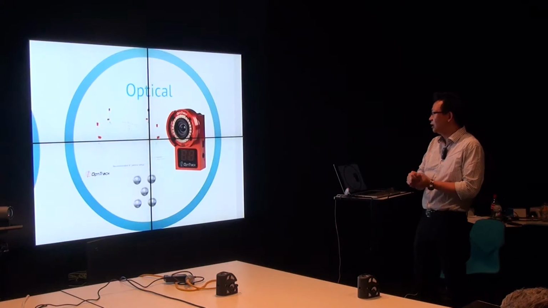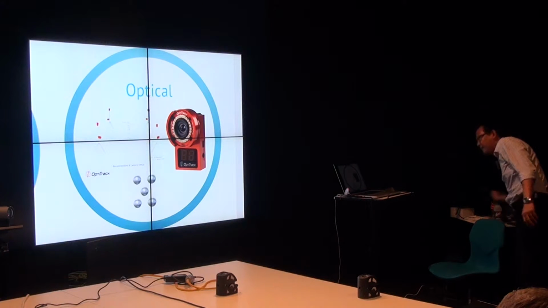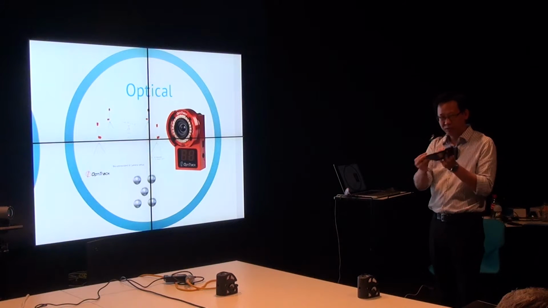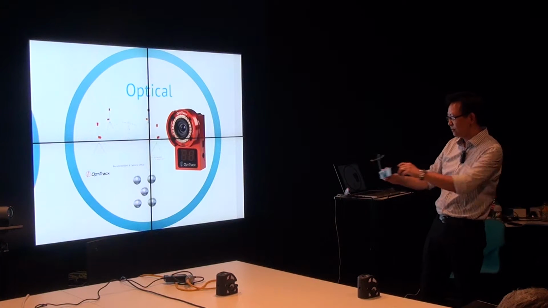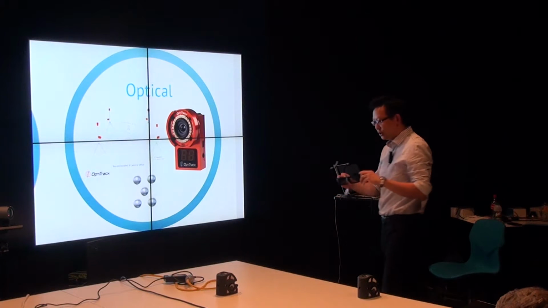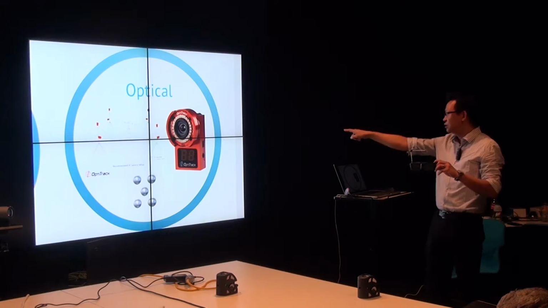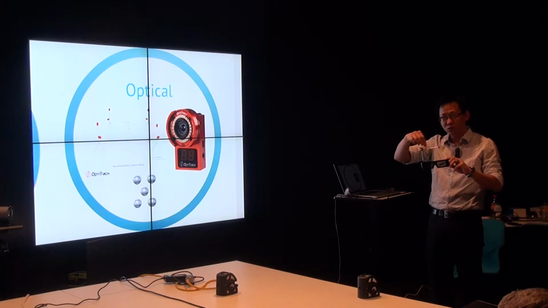The last thing is the optical tracking system. You will have something like this one, looking like an antenna. So these are reflective dots. There's a bunch of cameras looking at you, and they look at those dots.